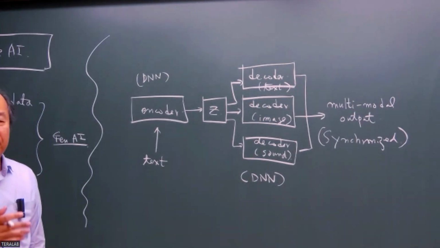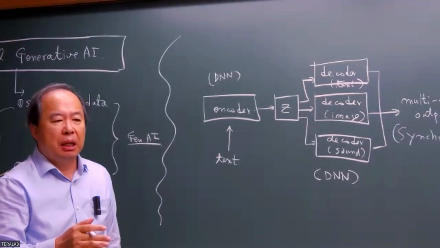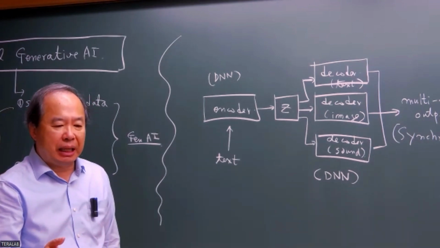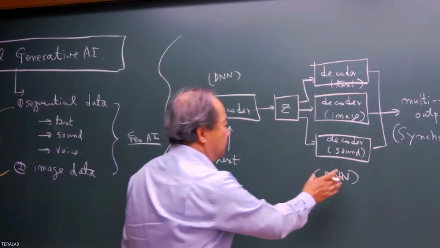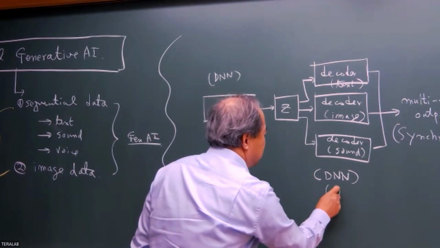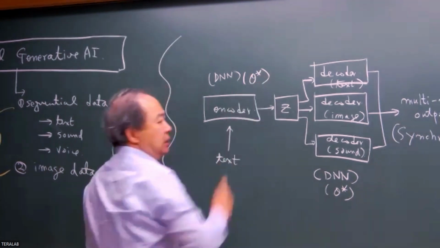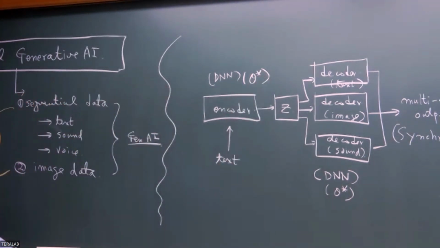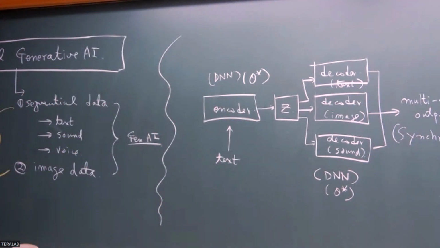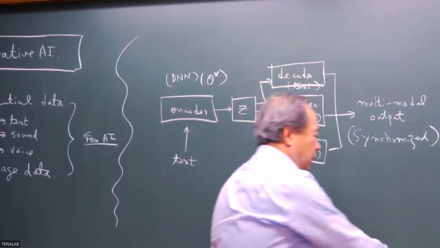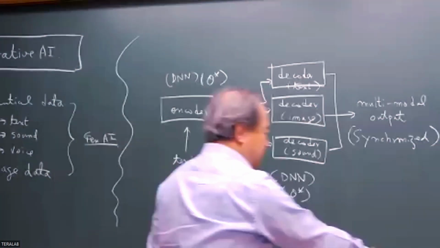By defining decoder outputs and applying the gradient descent algorithm, we have to optimize the DNN model parameters. In some way, we have to optimize this architecture.